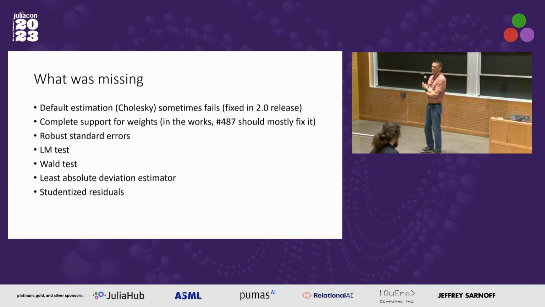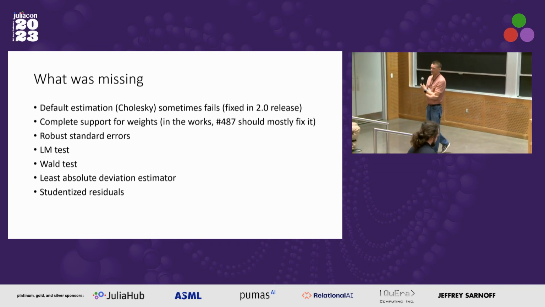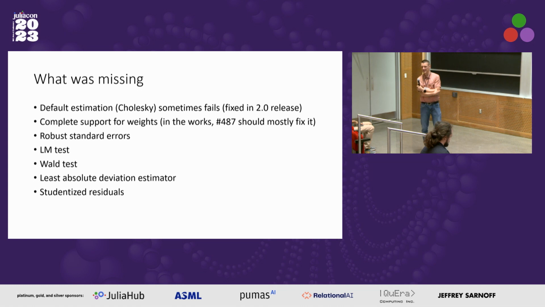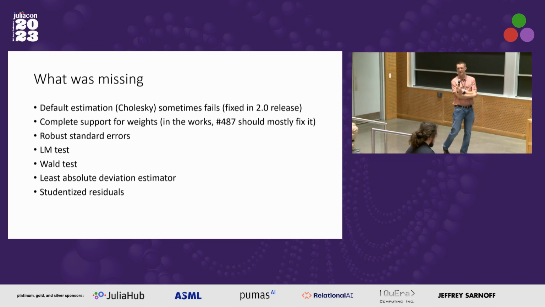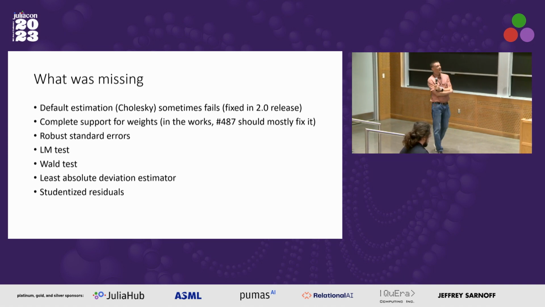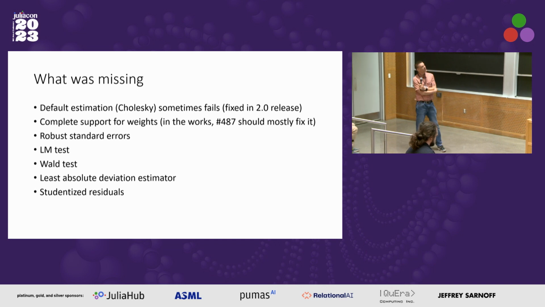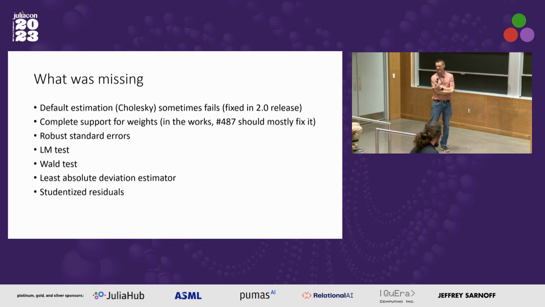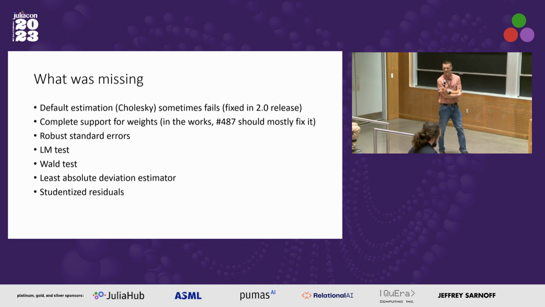And I guess that the reason for it is that it's more efficient than QR decomposition, but at the same time it has lower numerical accuracy. And actually in 2 problems in the book, this caused the estimation to fail.